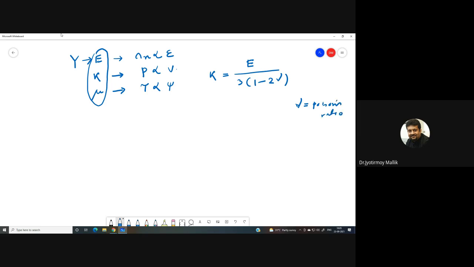I hope you all know what Poisson's ratio is, so I'm not repeating. You all know what Poisson's ratio is, right? Yes or no? Yes. Okay.